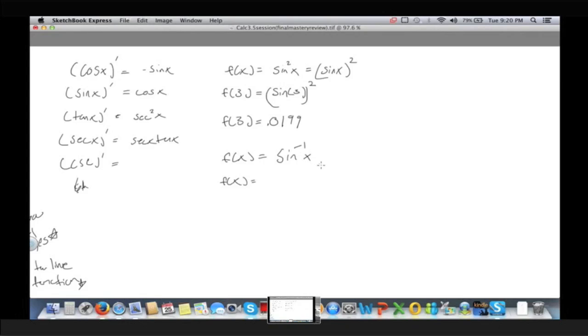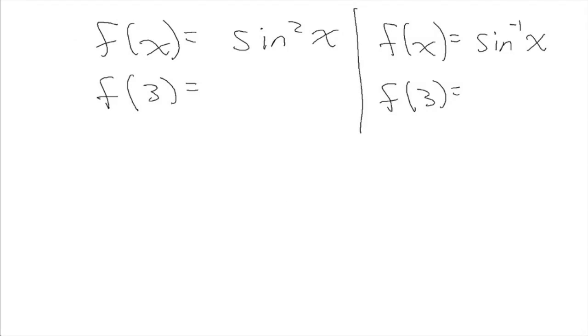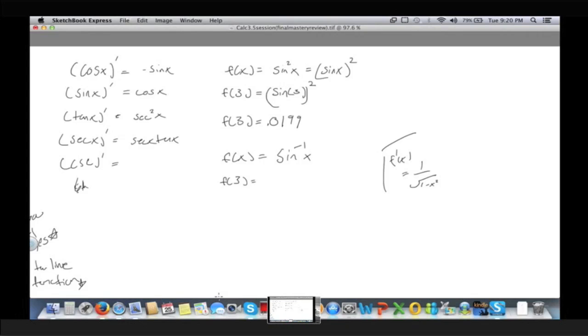I know that f prime of x would equal 1 over square root of 1 minus x squared, but I'm not sure how to just solve for the function in this scenario.